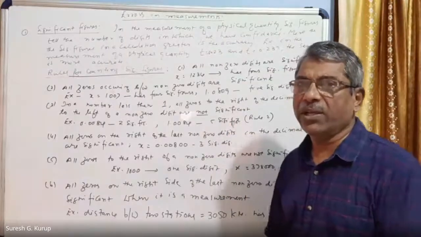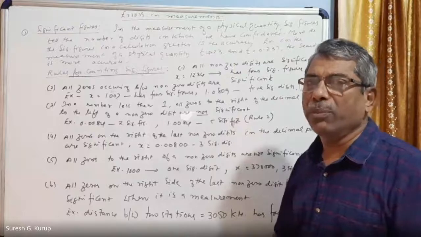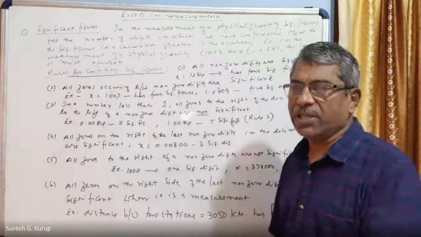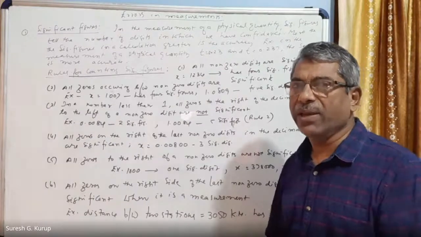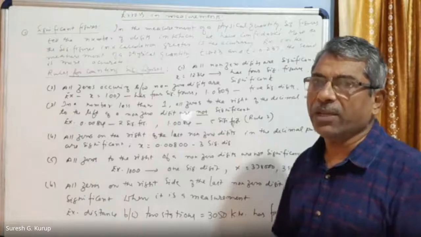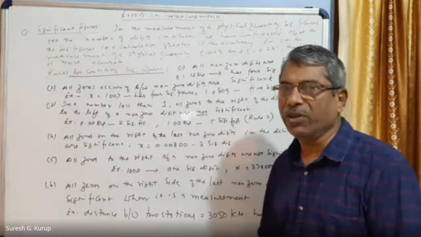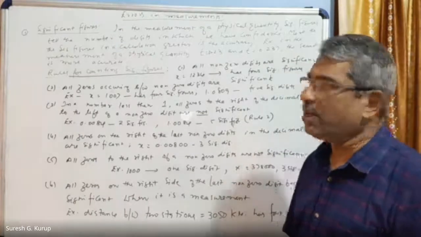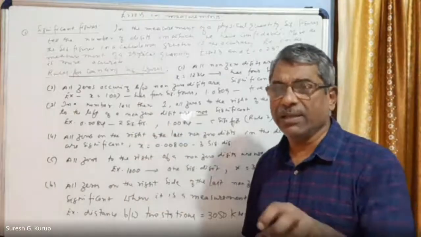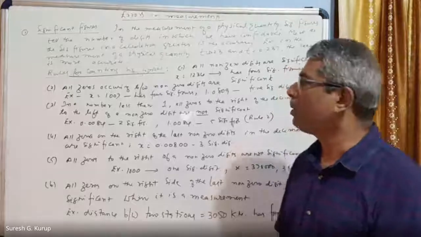So significant digits are more important. Looking at the significant digits of the final result itself, we can say how accurate the calculation is, whether it is confusing or more accurate.